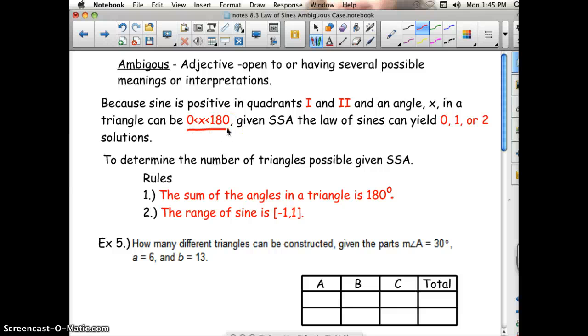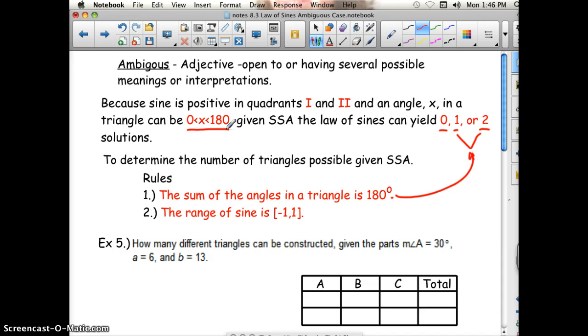Given SSA, the law of sines can yield 0, 1, or 2 triangles. Whether there's 1 or 2 depends on this first rule here: the sum of the angles in a triangle is 180. You're given one angle, it's got to be that value. Then when you do the law of sines, you'll find another angle.